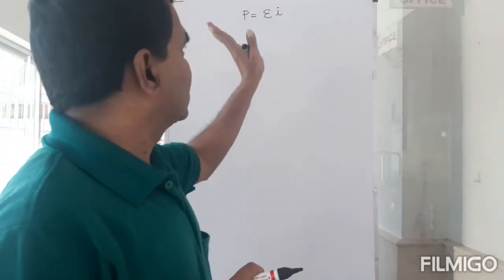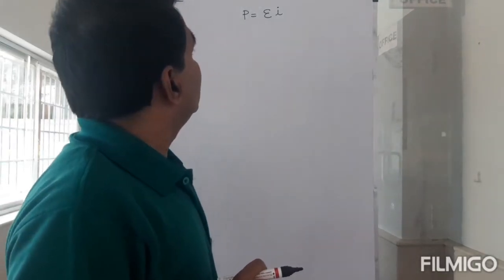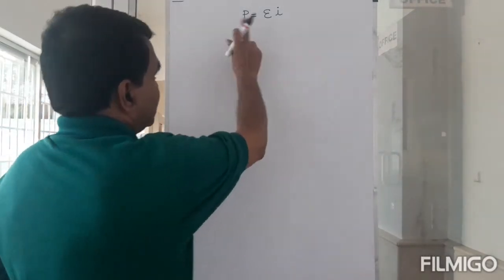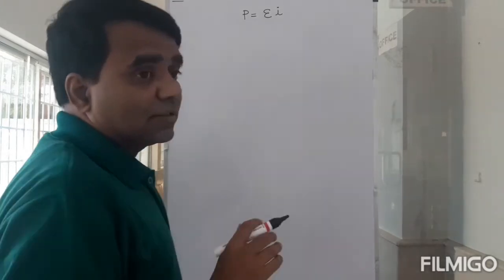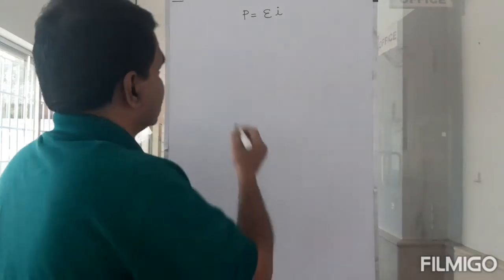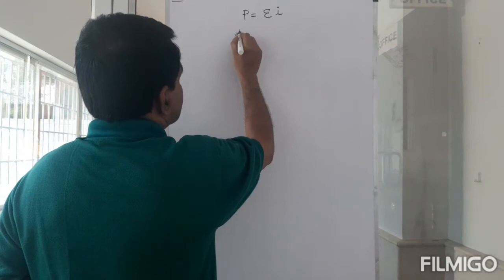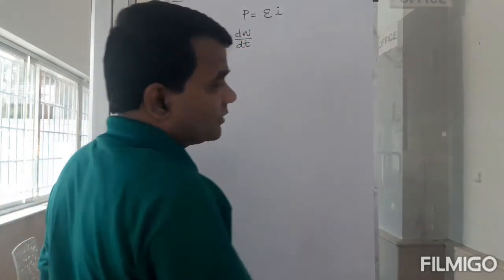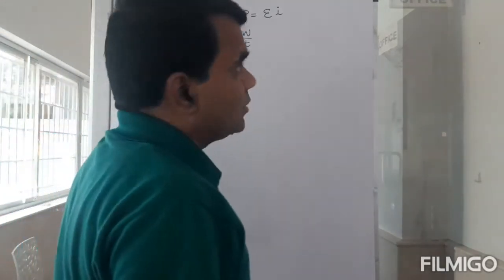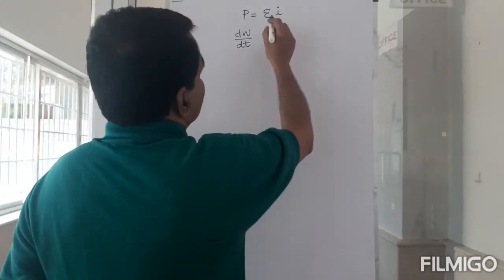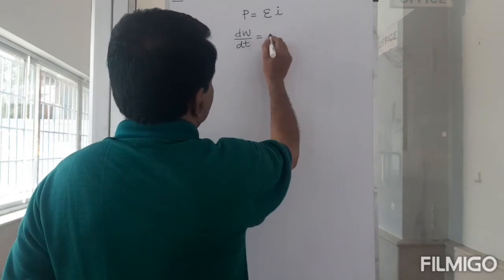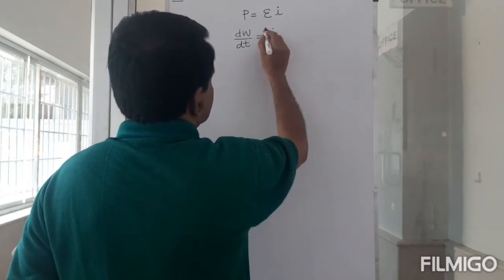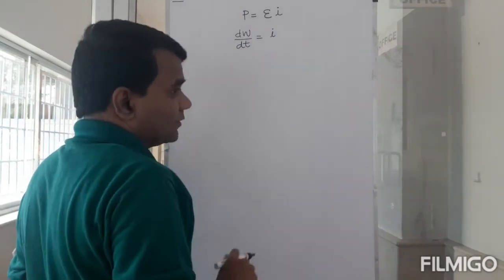We will keep it simple. What is power? Power is the rate at which work is done. So P is dW by dt. So here, I'll take I out first. Then what is E?